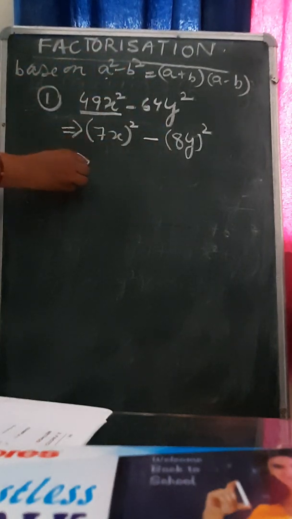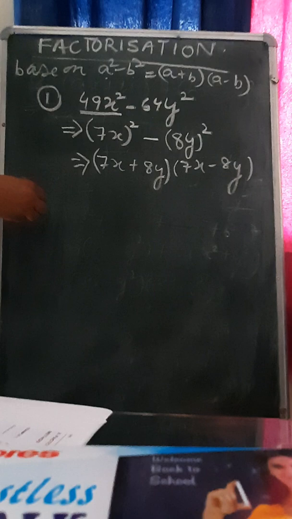Similarly, here 64y square can be written as 8y whole square. Now this resembles a square minus b square. Then I put the formula: 7x plus 8y in the first bracket and 7x minus 8y in the second bracket.